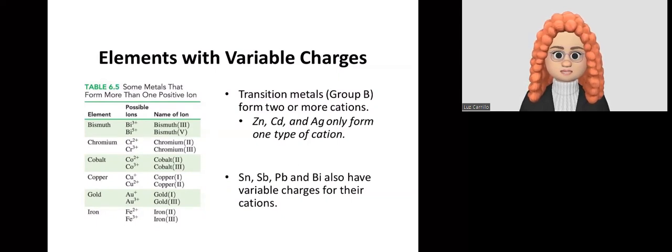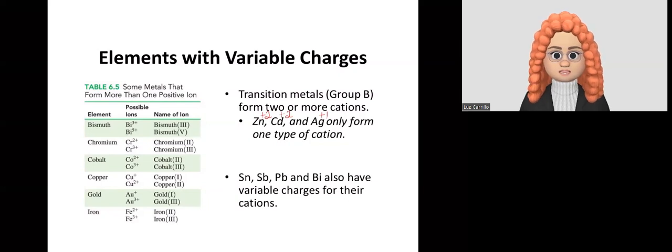So when it comes to the 3 elements that are in the area of transition metals, but they don't have multiple charges, it includes zinc, and zinc always forms a +2 charge. Cadmium, which always forms a +2 charge, and silver. Silver always forms a +1 charge. Only those 3 have only one type of cation.